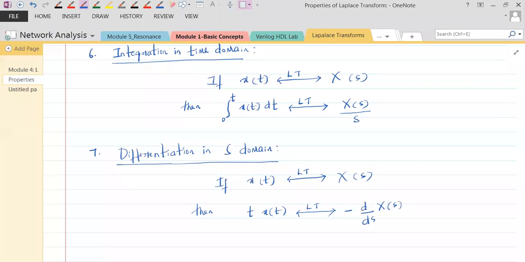Understand this, everybody? So that means if you are differentiating a signal in S domain, then it is as good as multiplying t to the time domain signal and having a negative sign to the differential we have in S domain. Okay, so this needs to be derived.